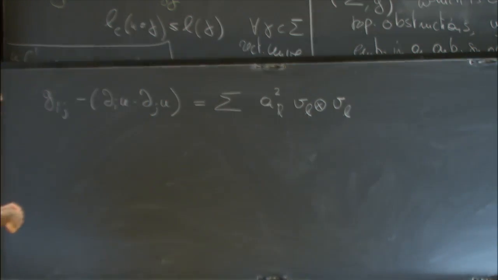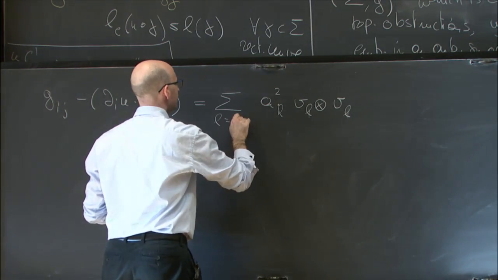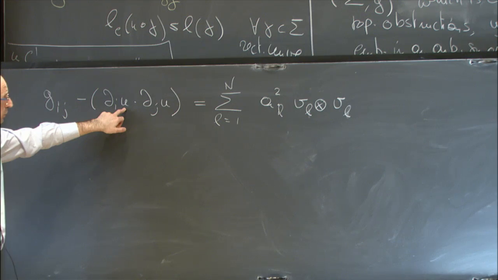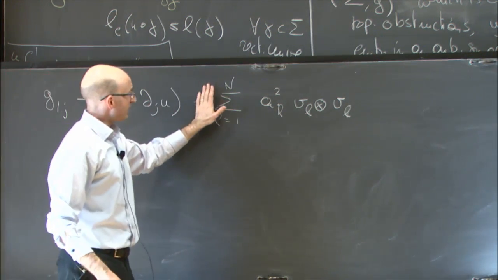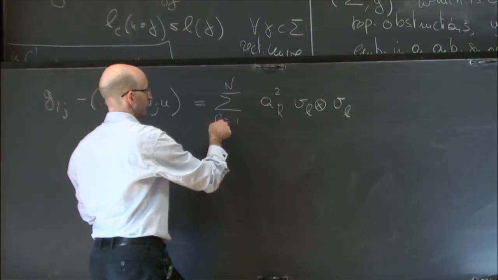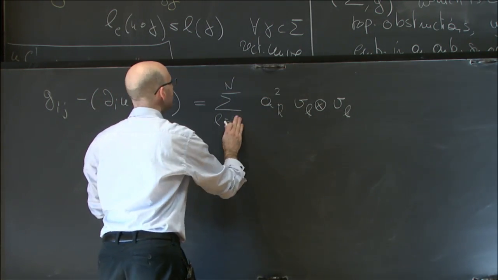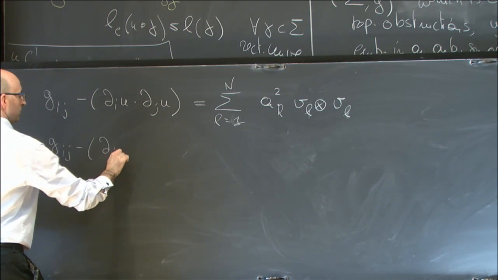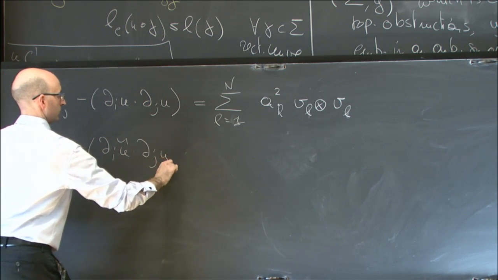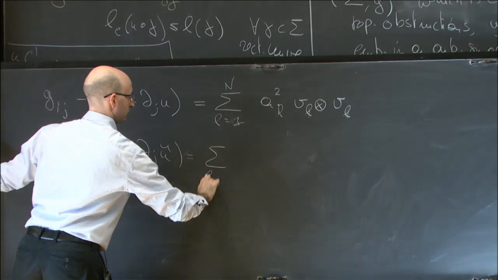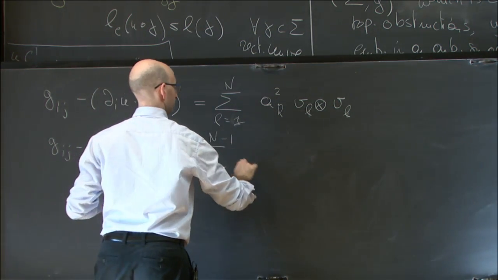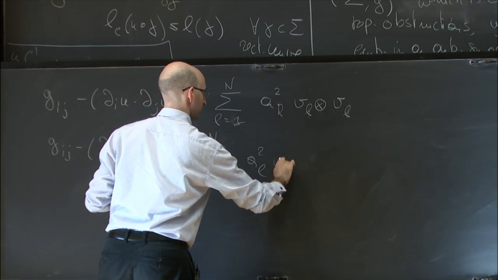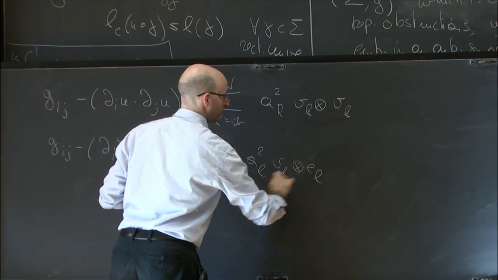Okay? And now what I want to understand is how I can actually perturb the map U to a new map U tilde, in which instead of having this summation, you have the summation from L equal 2 to N, and a much smaller error.